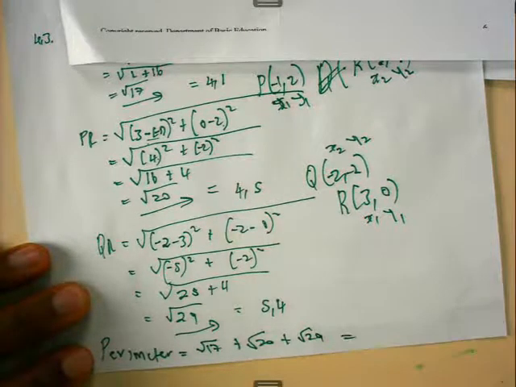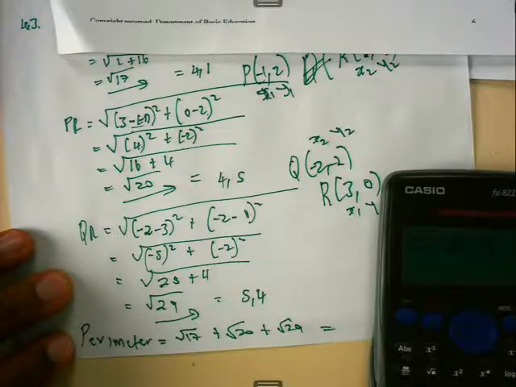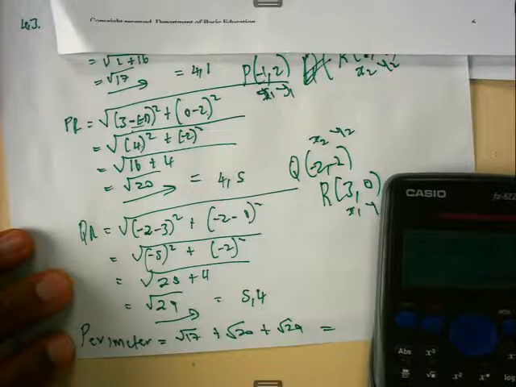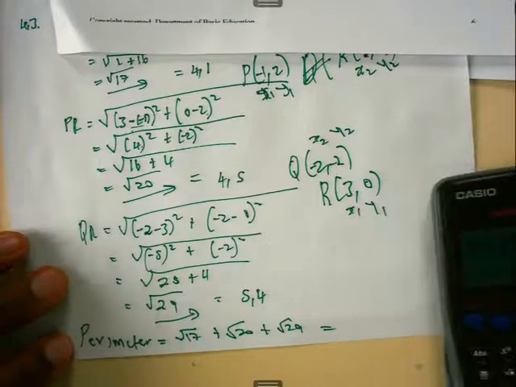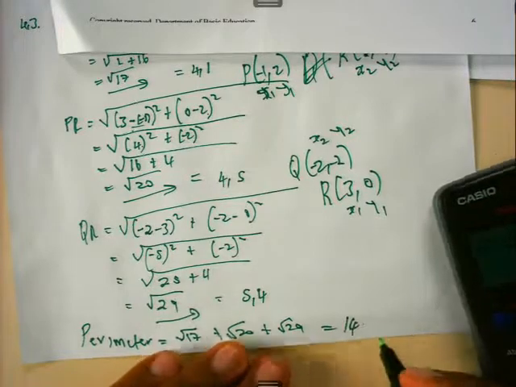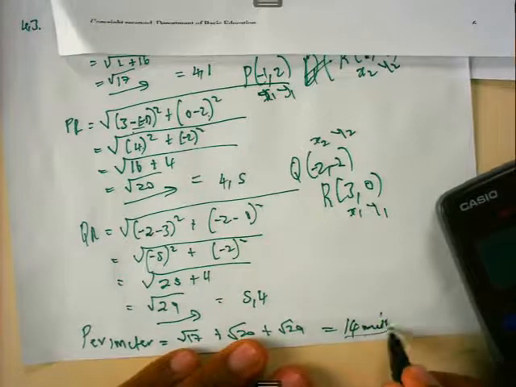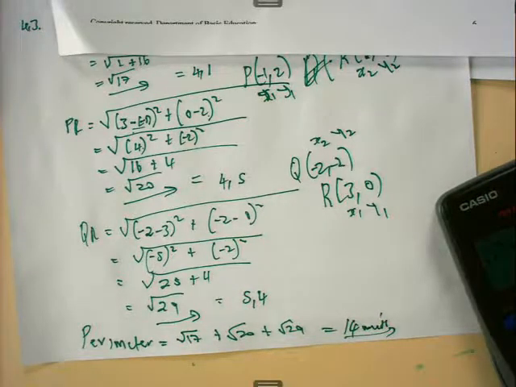Now we add the three and check what the answer is. They said you must round it off to the nearest whole number. Therefore, this is going to be 14 units. That is the distance. That would be 14 units.